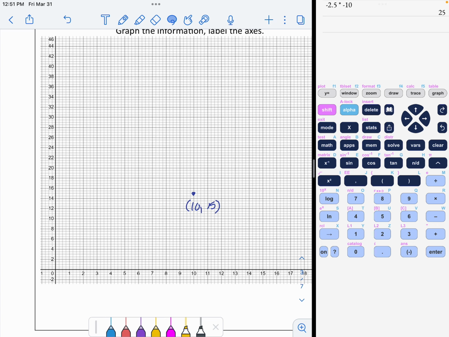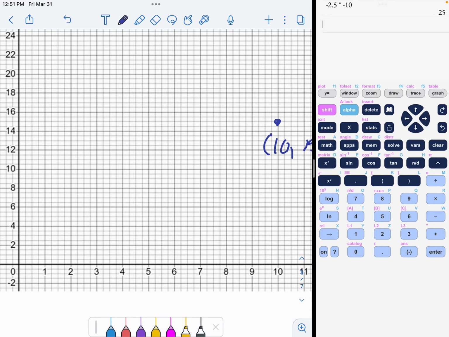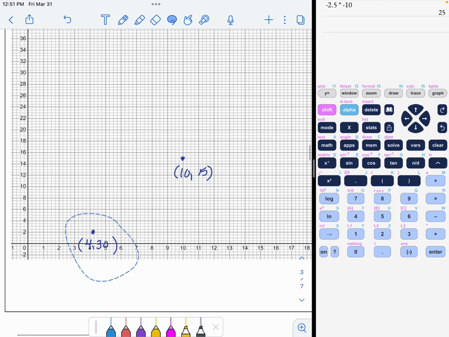All right, let's go get the other point. 4 and 30. So I'm going to just draw a dot. Here's 4. Oh, 30 must be up higher. 4, up, and 30. There it is.